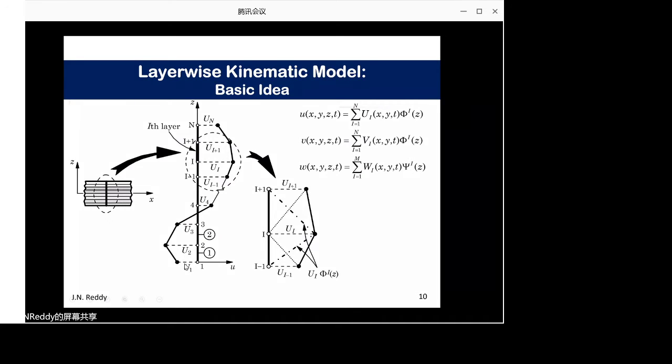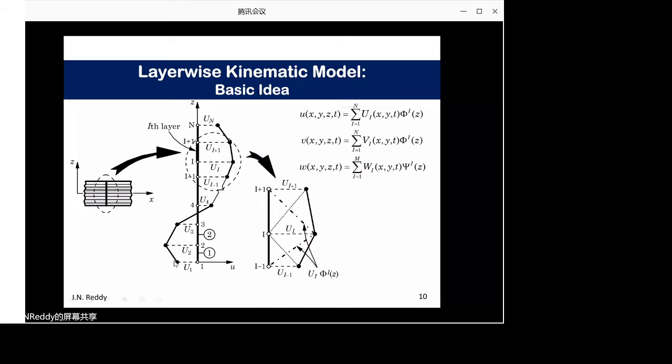So I'm saying each layer, this line will, this is of course an exaggeration, will change its variation. That means it will have different displacements at different nodes through the thickness. So this is very similar to third order kinematics, but it is piecewise now. Whereas in third order theory, we assumed this is a continuous curve.